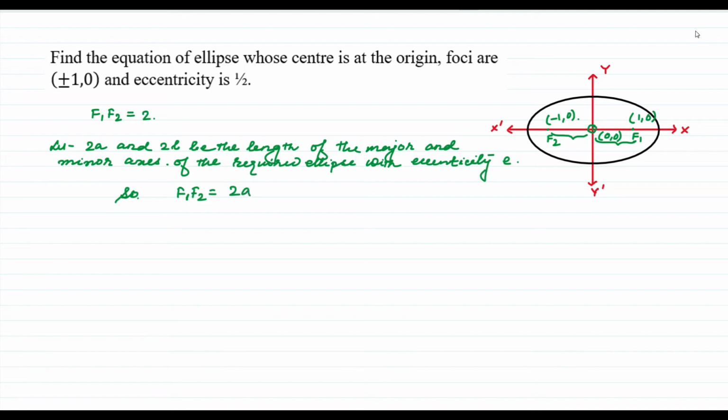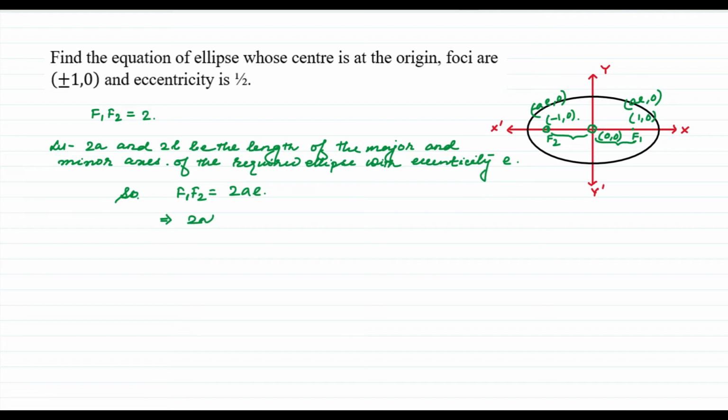Why? Because according to the rule, we know the coordinate is minus ae comma 0 and here is plus ae comma 0. So the distance between F1 F2 is 2ae. So that implies we have already got here 2.